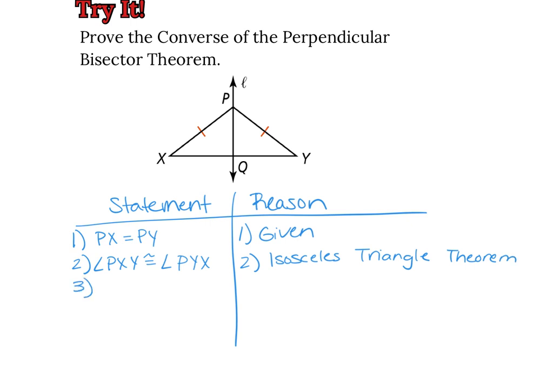All right, our third reason is because XQ is congruent to QY. And that is by definition of midpoint, because they told us, or because we know that we have a midpoint.